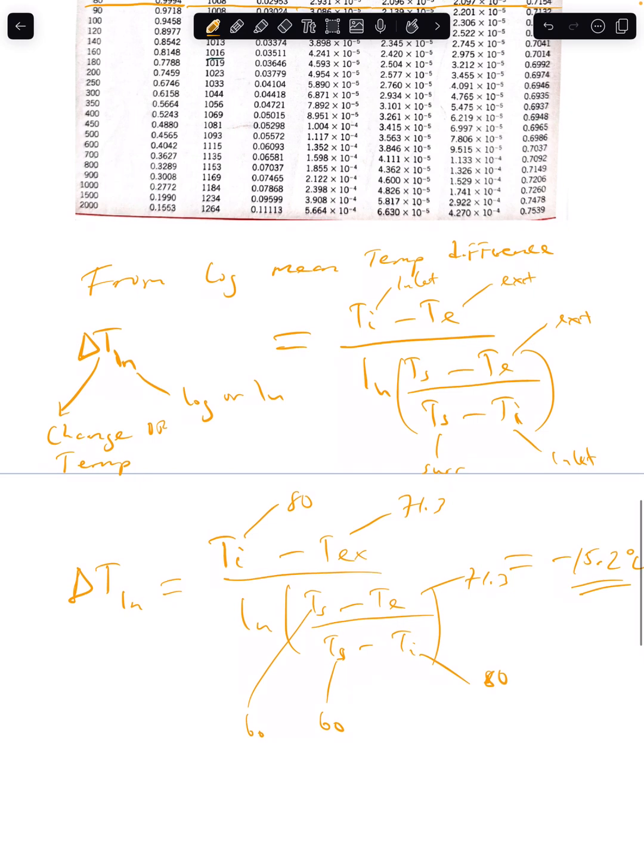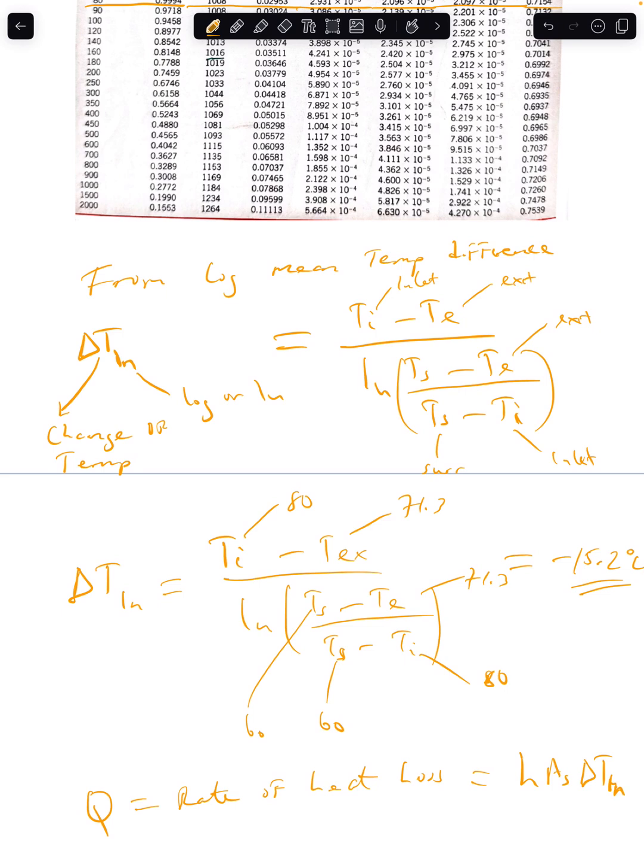So the rate of heat loss is equal to h A_s times the log mean temperature difference.